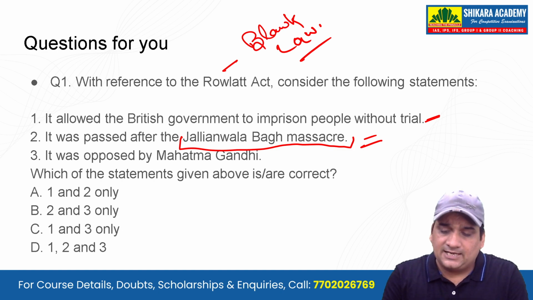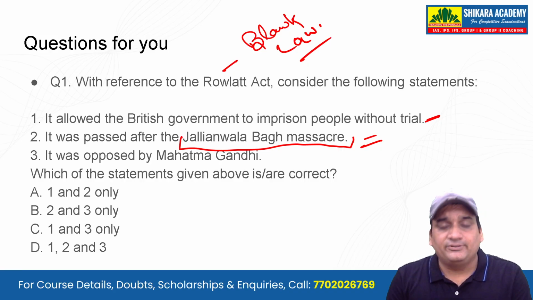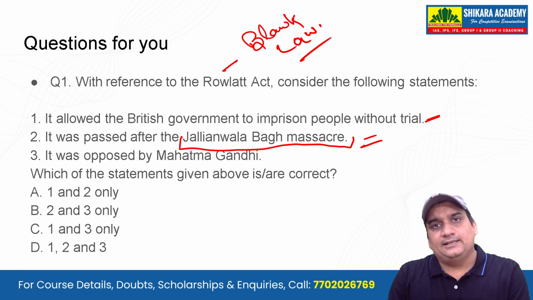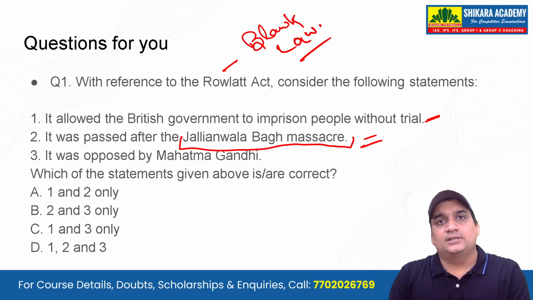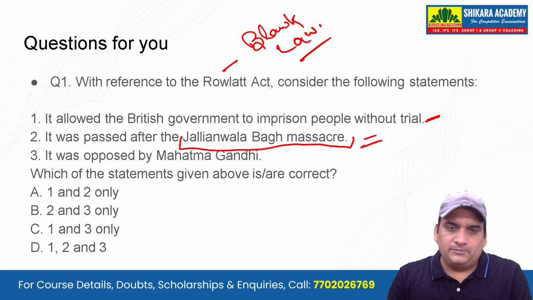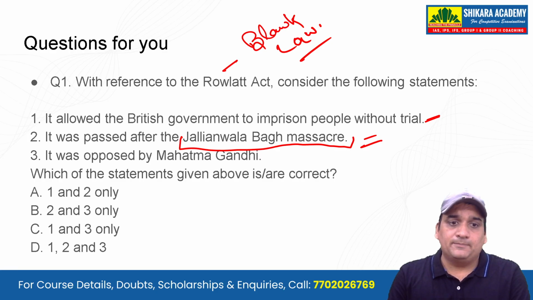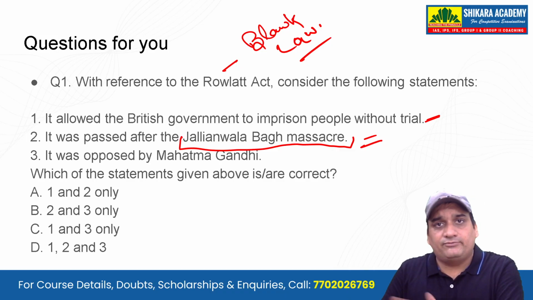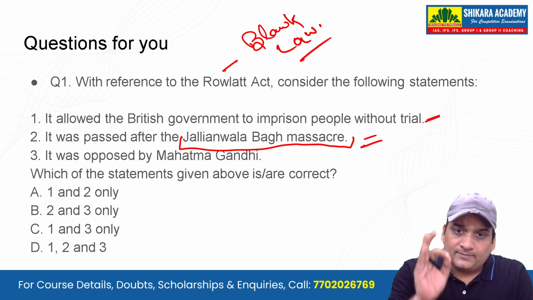And after the Punjab leaders were arrested, martial law was imposed on the 11th April 1919, and on 13th of April 1919, because it was Baisakhi and people did not know that martial law was implemented, they went into Jallianwala Bagh to celebrate over there, and there General Dyer gave the order to shoot them. So we find the Jallianwala Bagh massacre happened after the protests that were erupting over the Rowlatt Act.